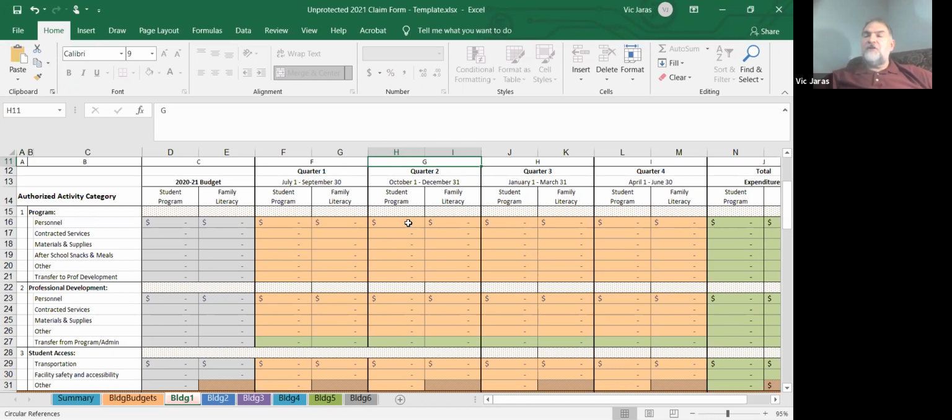And that general ledger is just like listing everybody's name who's getting paid in the program, and also telling me in the supplies, did you buy them from the local business or did you buy them online? Things like that. And it just helps me to get a little sense of where people are spending their money. And when I review those things, if I have a question, I'll follow up.